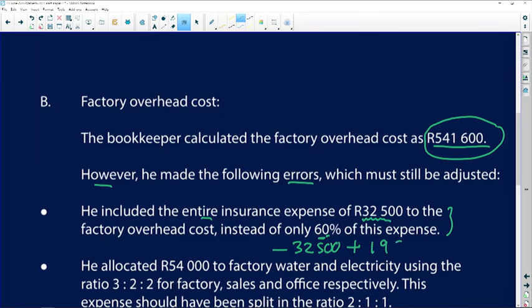You could also take 32,500 times 40% and subtract that net amount, but I'm going to show my calculation this way.